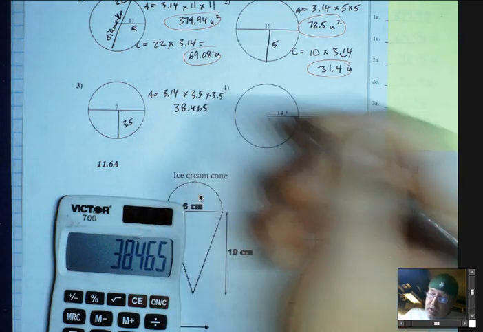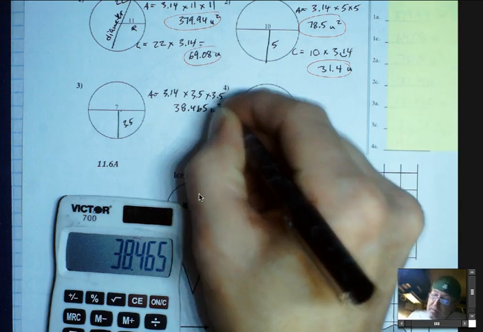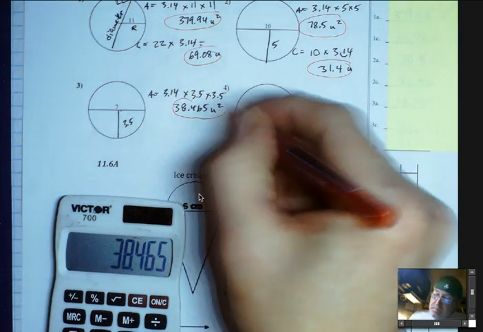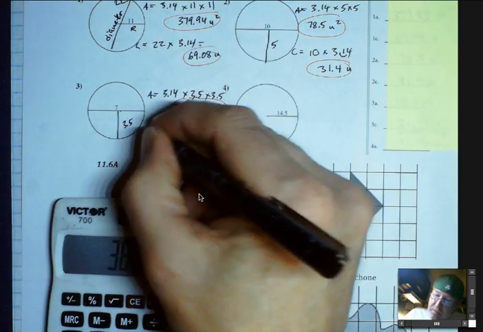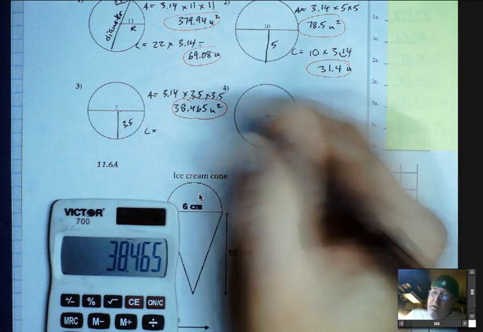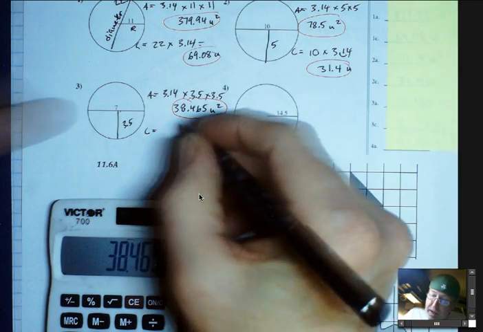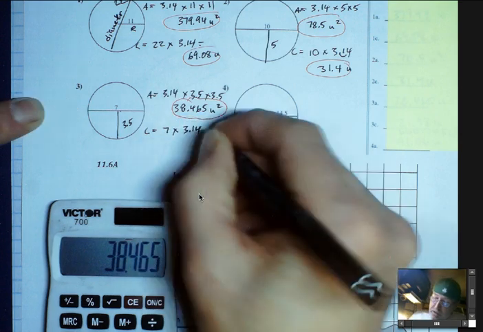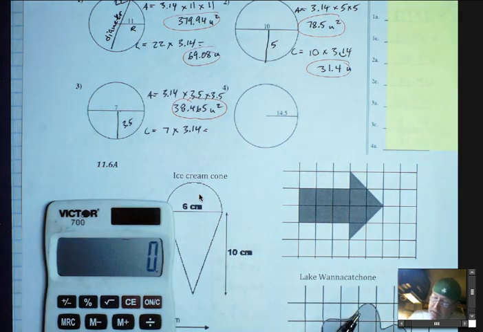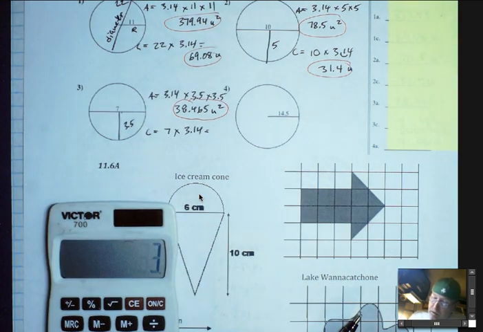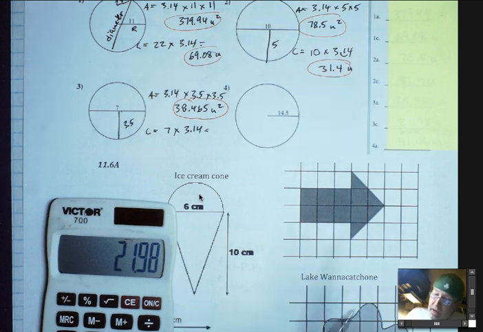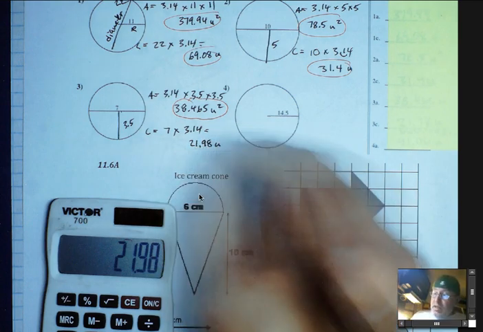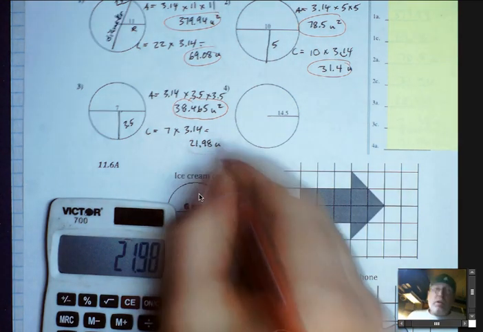That's area, so that's going to be units squared again. Let's circle that so you can see it more clearly. Now we have to do the circumference of that same circle. D pi is around, so we've got the diameter, 7 times 3.14, which is 21.98, and that'll be units because it's not squared, it's just going around the circle.